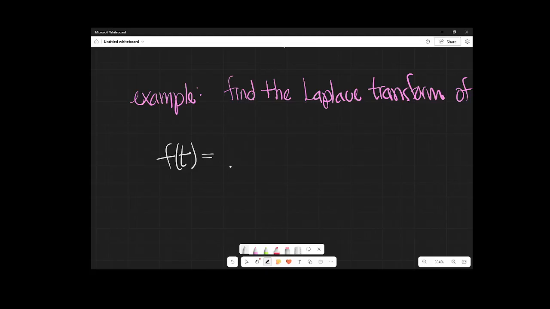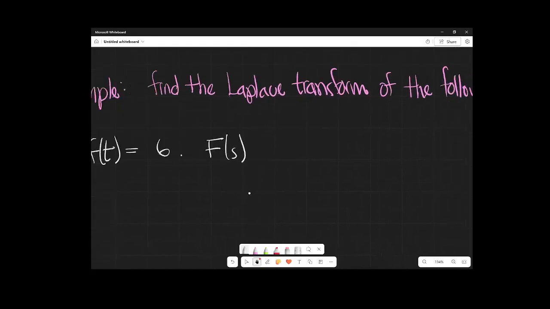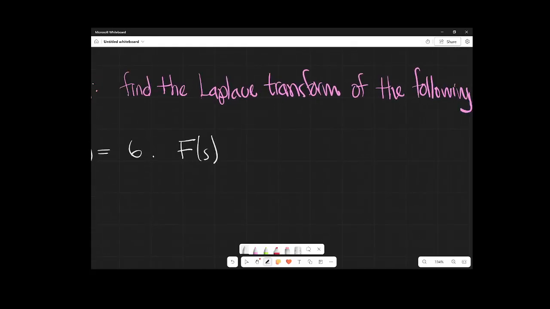So let's say f of t is just a constant. We'll say 6, right? That means that the Laplace transform, or the function capital F in the s domain, is equivalent to this unilateral infinite integral of the product of these two functions.